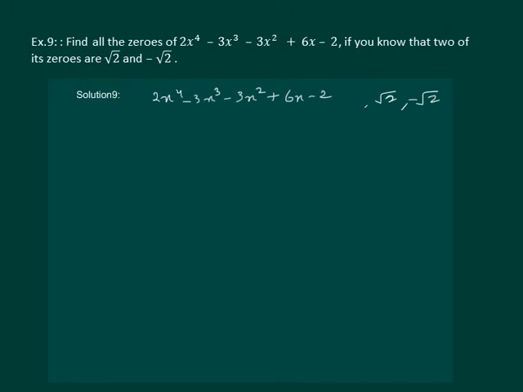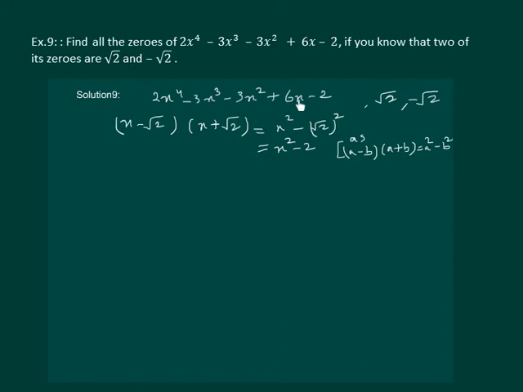Now since root 2 and minus root 2 are the zeros, that means x minus root 2 and x plus root 2 are the factors of given polynomial, and these can further be written as x square minus root 2 whole square, which is equal to x square minus 2. So that means x square minus 2 is a factor of given polynomial.